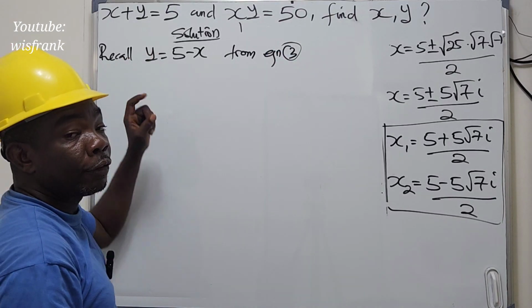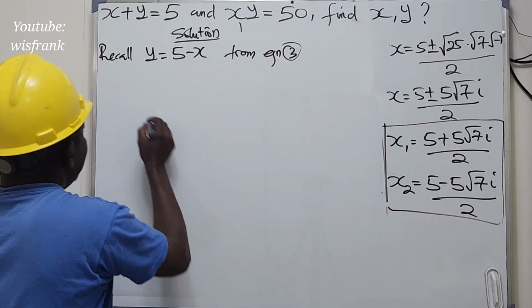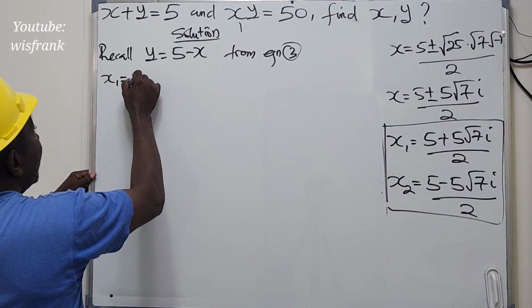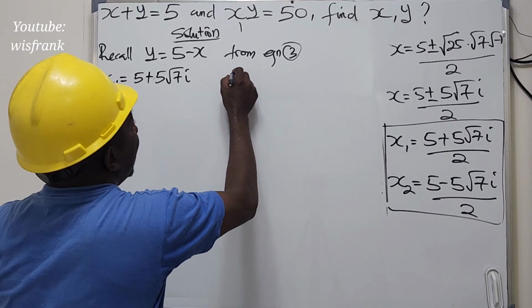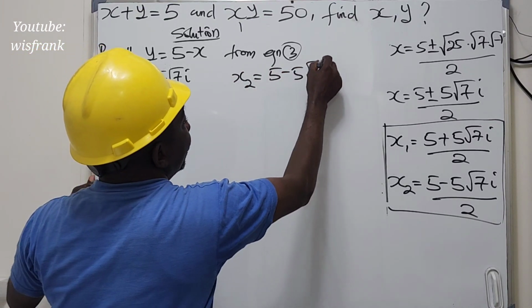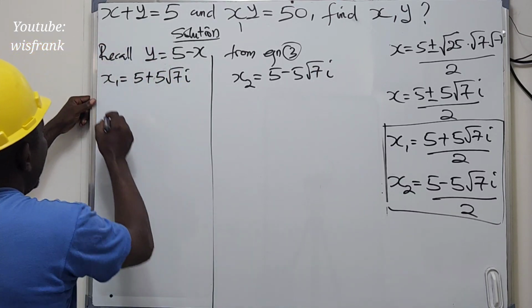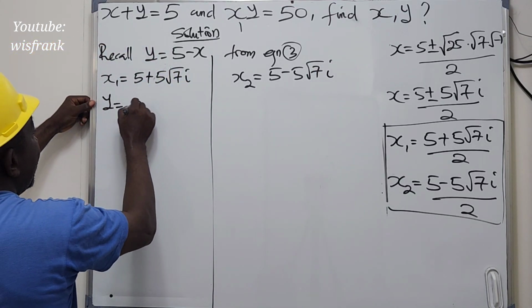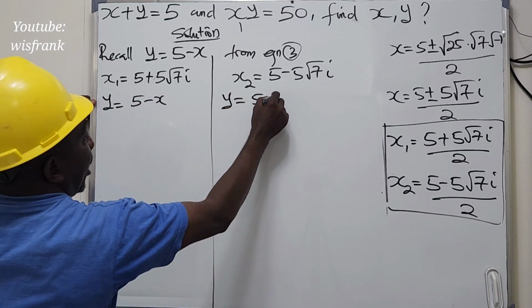We have x1 equals 5 plus 5 root 7i, and the value of x2 as 5 minus 5 root 7i. So the value of y here is 5 minus x.